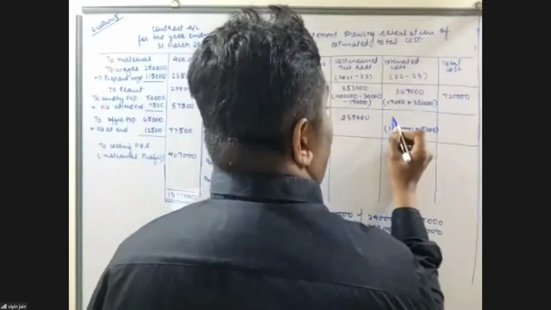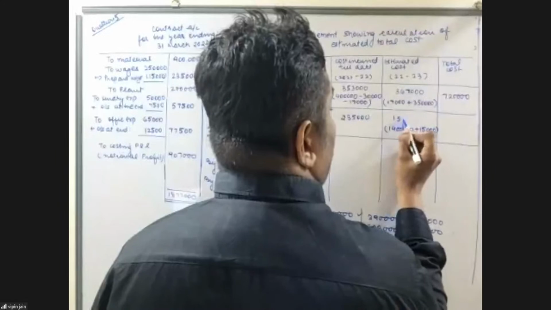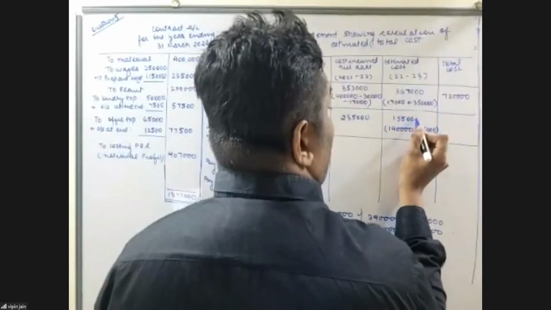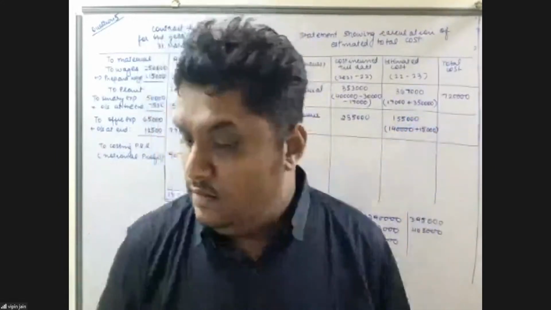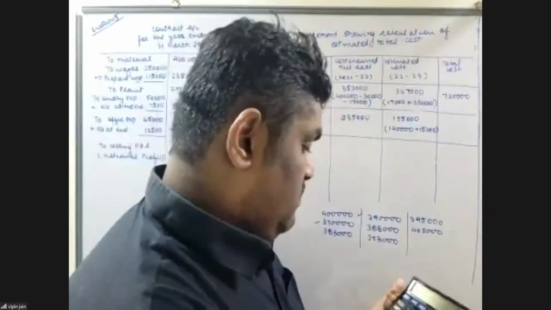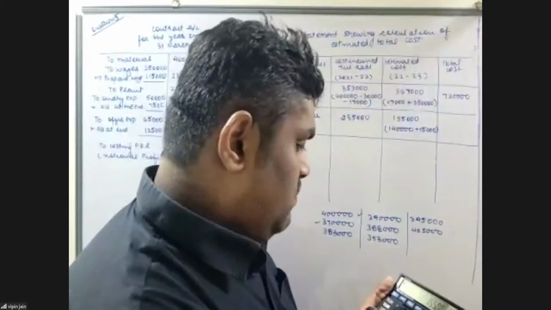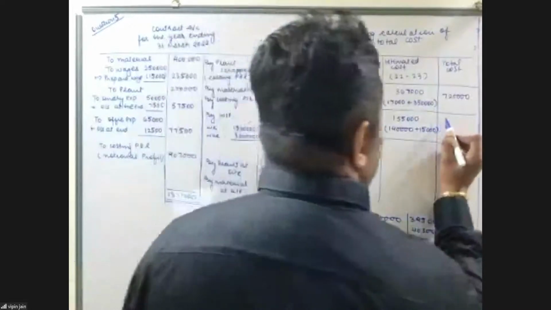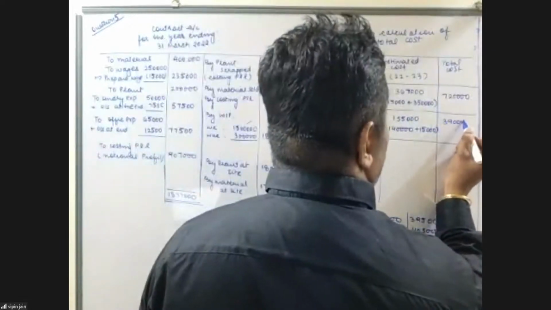So this will be 1,55,000. So this will be 3,90,000.